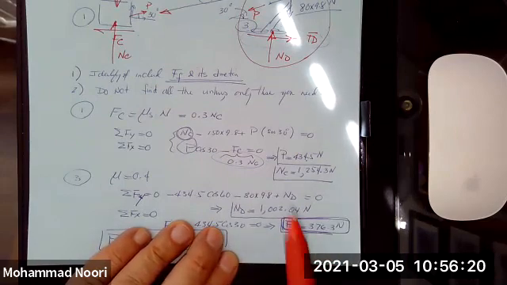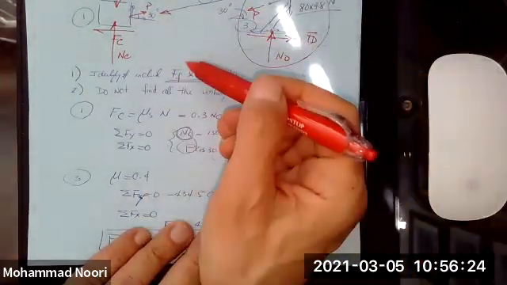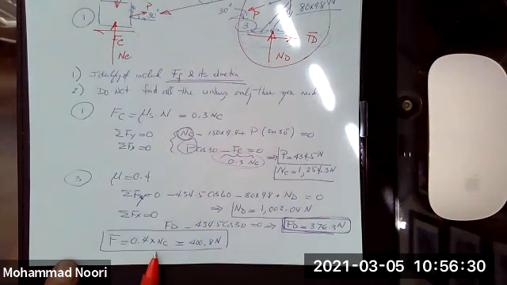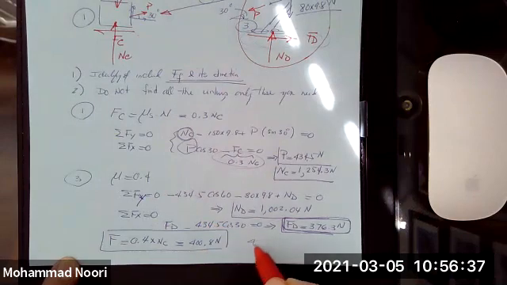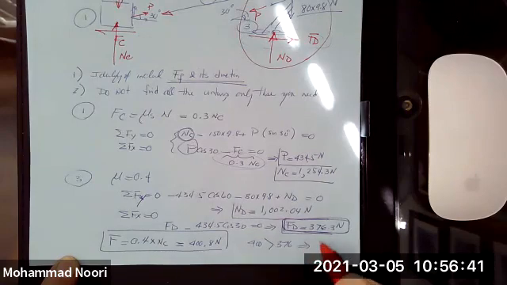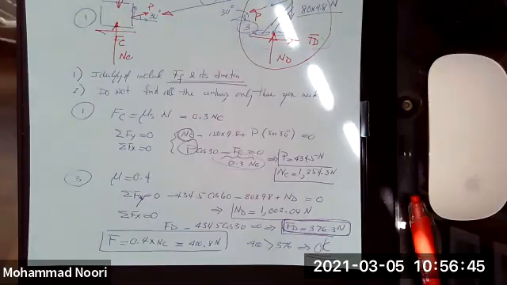In other words, for this guy to stay in equilibrium and not slip, you need a friction force of 376. But the shoes can generate a maximum friction force of 400, and 400 is greater than 376. So the guy is going to stay safe. He's not going to slip.